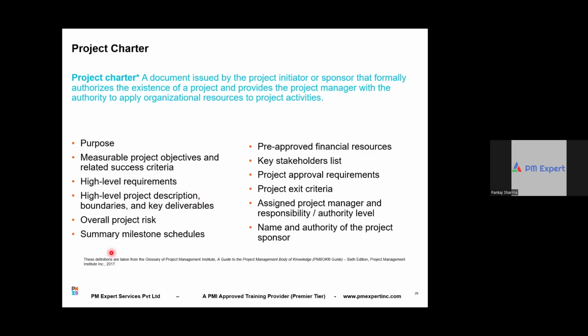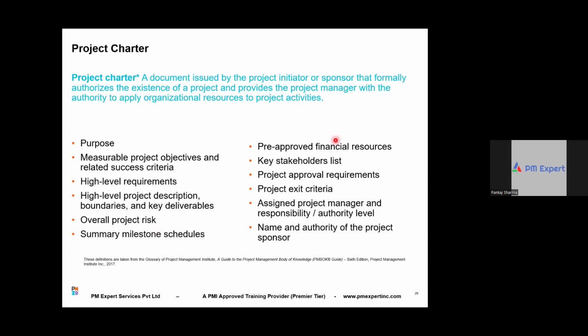It will have only a summary milestone schedule, for example, phase 1 will be completed by this much time, phase 2 by this much time. So a very high-level plan, high-level requirements, and overall project risk, those macro-level risks that can make the project fail. These will be there in the project charter.